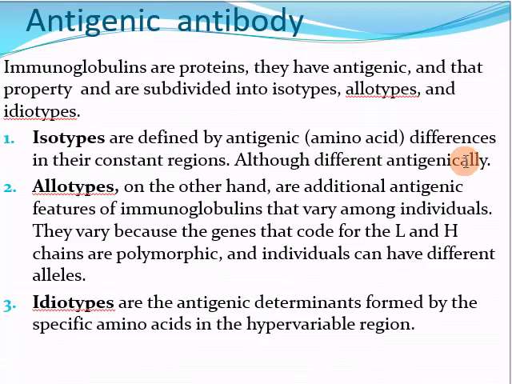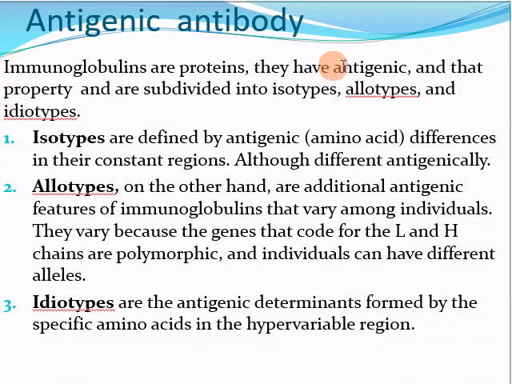Now, what are the different types of antibody depending on their antigenic property? So there are three types. Antigenic property of the immunoglobulin. Sorry, this is immunoglobulin. When we say this, the antibody itself is not an antigen.